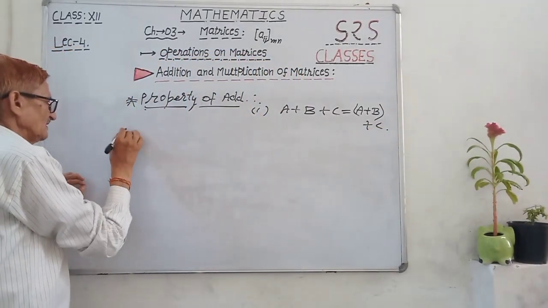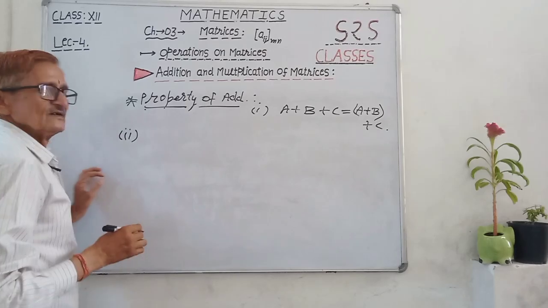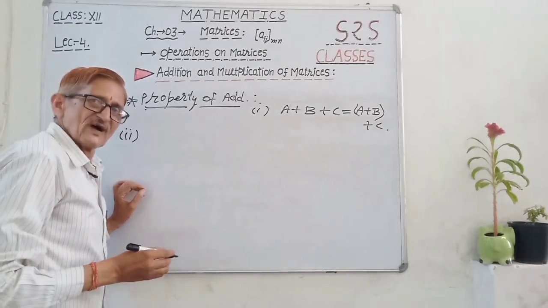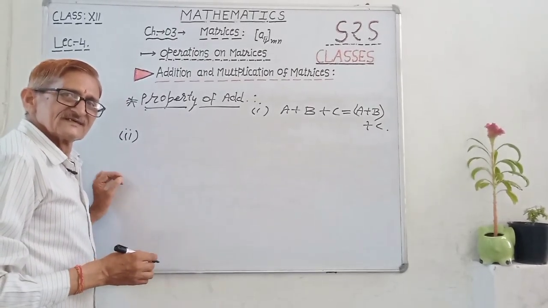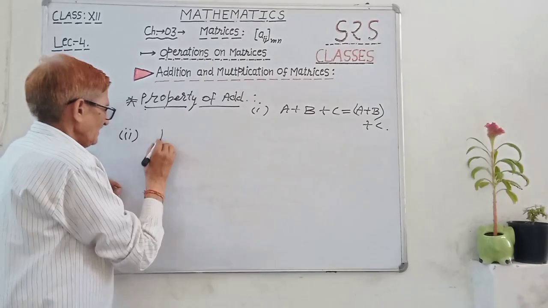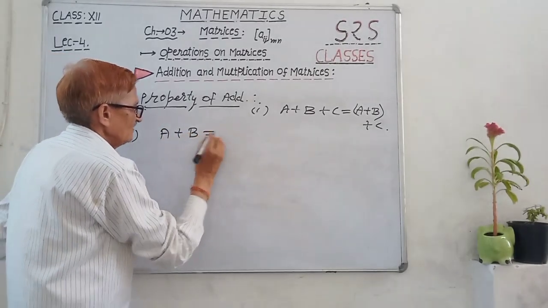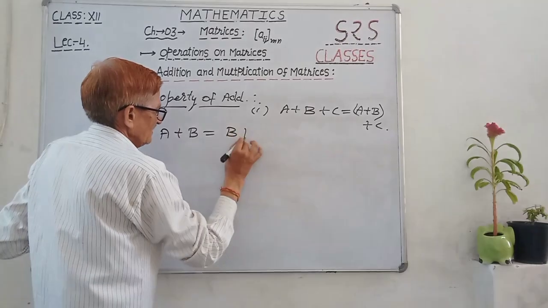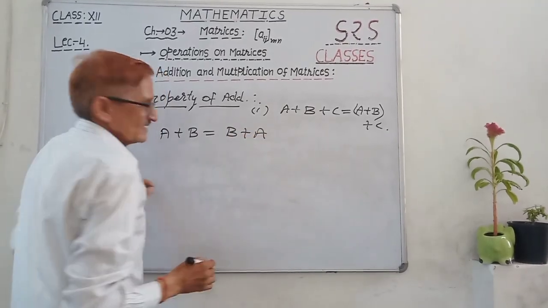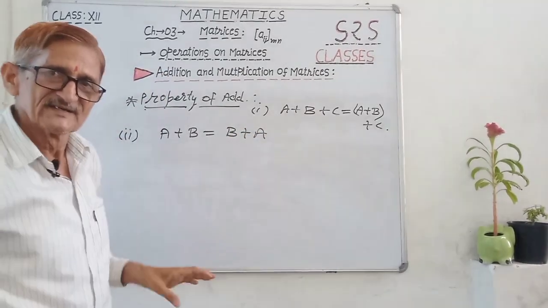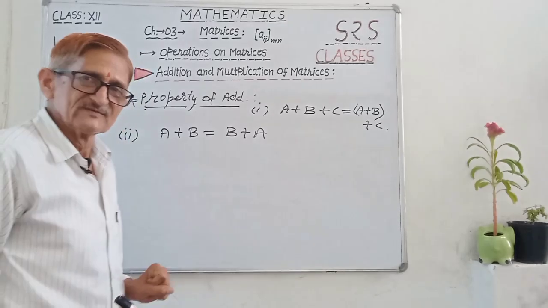Or second, okay, if you want to write A plus B, that will be equal to B plus A. The addition commutative. Okay, addition is commutative.